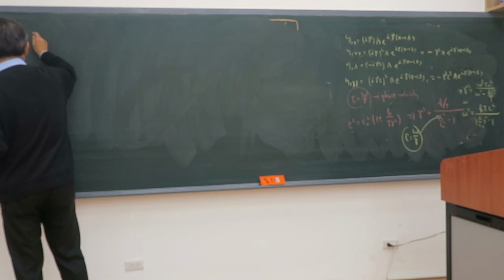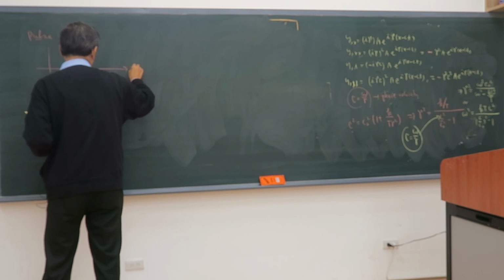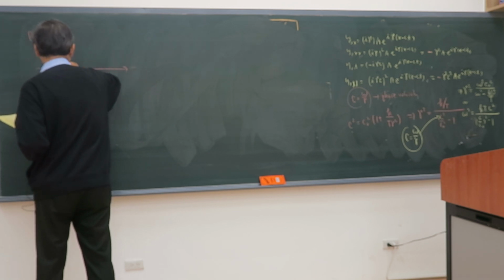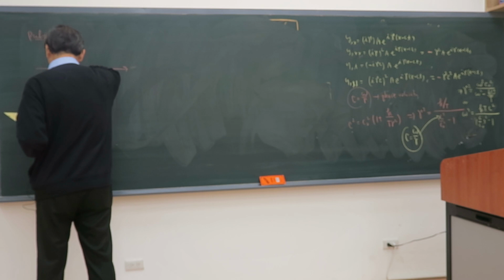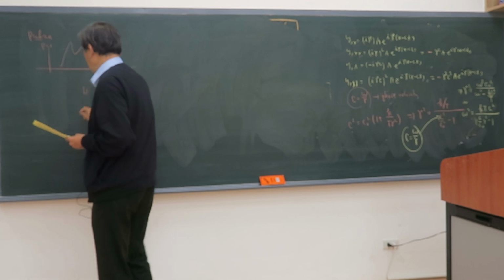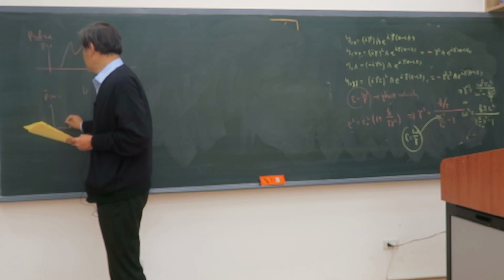So, for example, if a pulse of this form, p(t), goes through the FFT, we get p-bar(ω), like a spectrum.